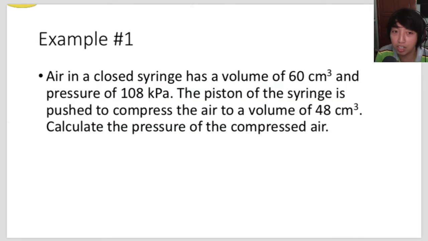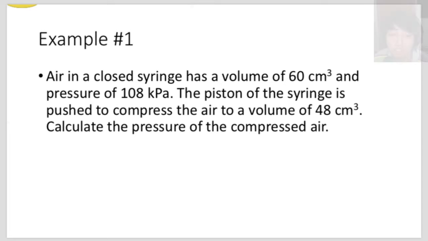So here's an example question. Let's read it first. Air in a closed syringe has a volume of 60 centimeters cube and pressure of 108 kilopascals. The piston of the syringe is pushed to compress the air to a volume of 48 centimeters cube. Calculate the pressure of the compressed air.